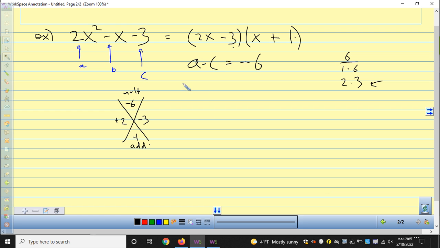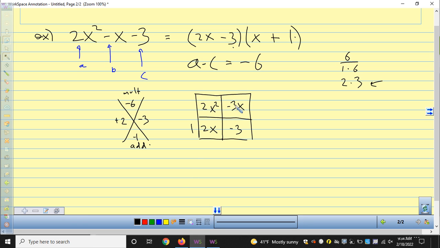So let's set up our box. Two x squared goes here. Negative 3 goes here. One factor times x goes here. The other factor times x goes here. And now we're going to take out our greatest common factors. Biggest number that goes into both 2 and 3? 1. They don't share an x, so that's 1.